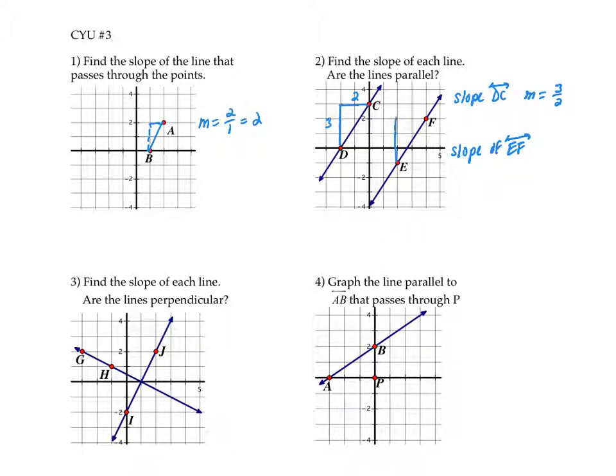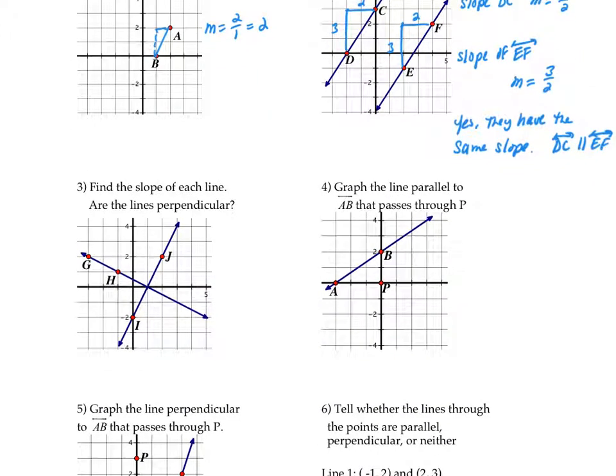EF, up 3 to the right 2. So they are indeed parallel. They have the same slope. So, yes, because they have the same slope, they are definitely parallel. So DC is parallel to EF.